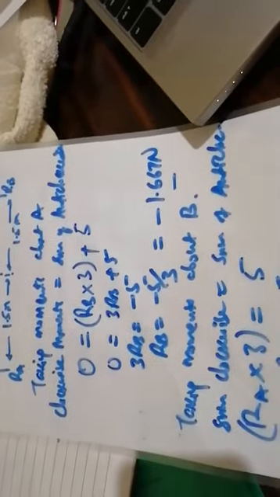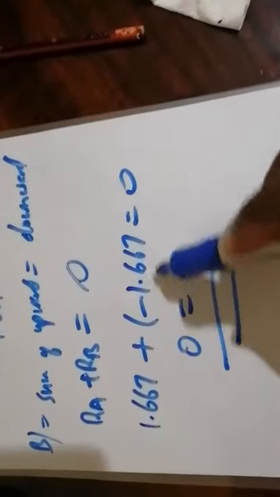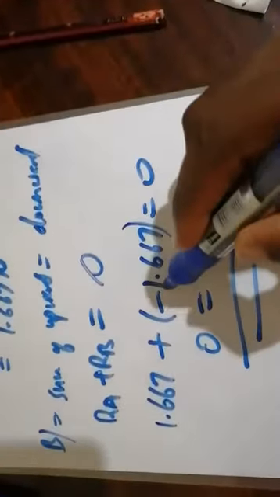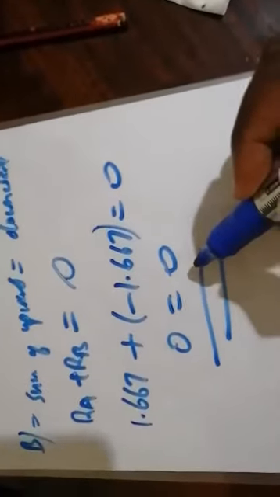Therefore, the couple will not exert any force downward or upward, and we have no forces acting downwards on this beam. Therefore, it is 0. Where is our RA? RA is 1.667, plus RB, which is negative 1.667, should be equal to 0. Therefore, this confirms that indeed our answer is correct.